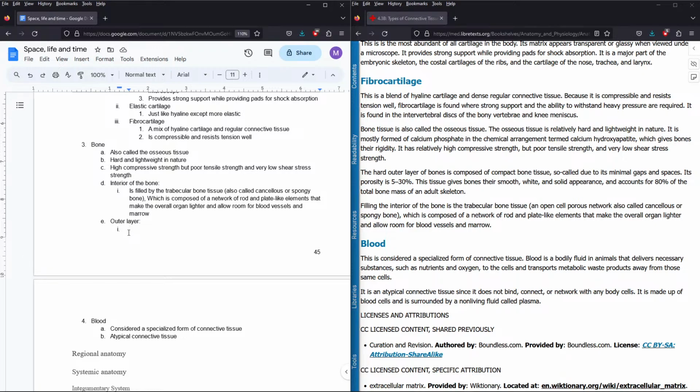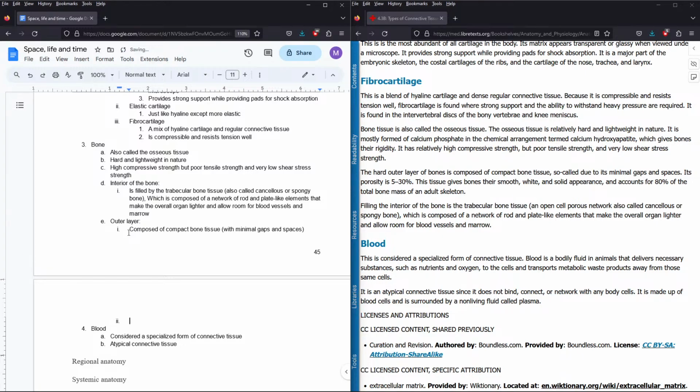And the outer layer is composed of compact bone tissue with minimal gaps and spaces. It's porosity. I love the fact there's a metric of porosity. That is so amazing. It's 5 to 30%.